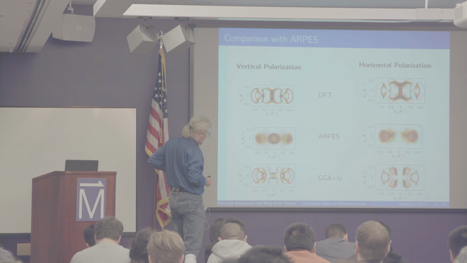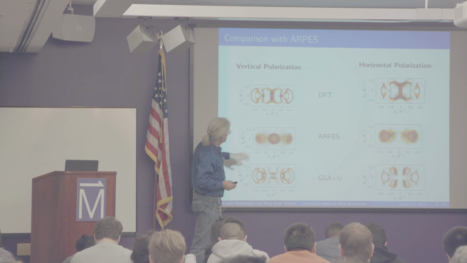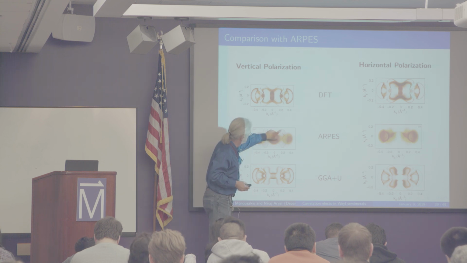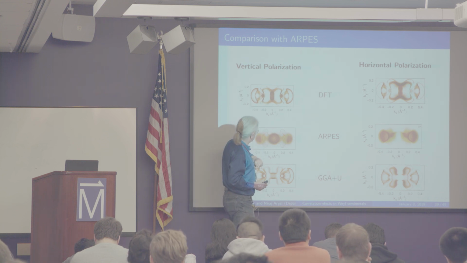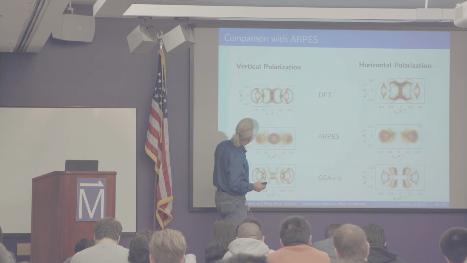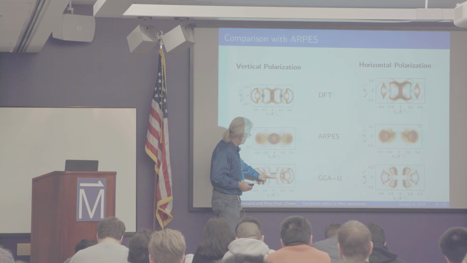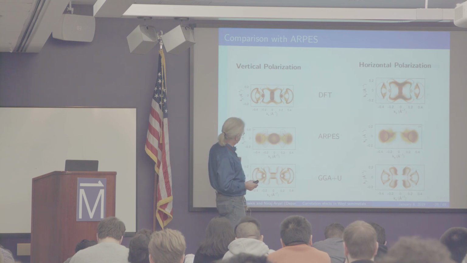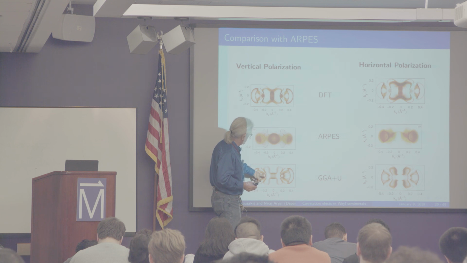But in the GGA+U with U equal to say 3 or something like that, not only do we get this kind of structure, where the central pocket is thinner than in the DFT, but also, if you look here, this is bright for vertical polarization. The central plot is bright, and the ears are faint in the GGA+U.